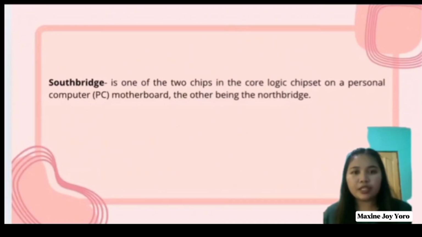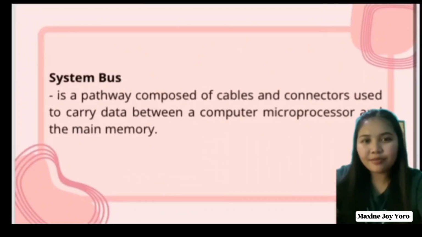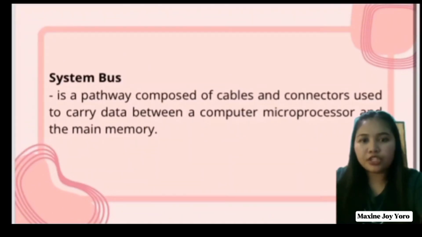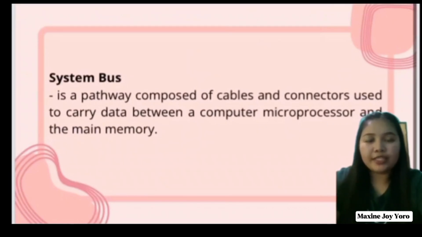A system bus is a communication pathway that allows different computer components to exchange data with each other. It's like a highway for data, connecting the microprocessor or CPU, main memory, and other peripherals and components.